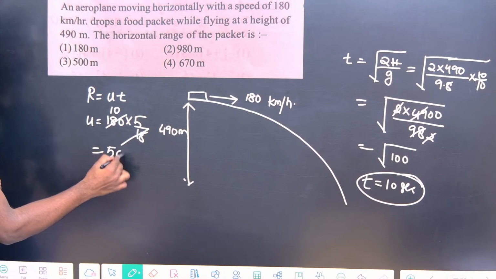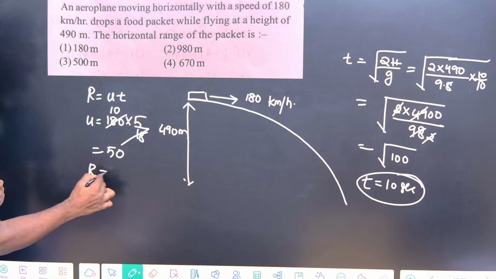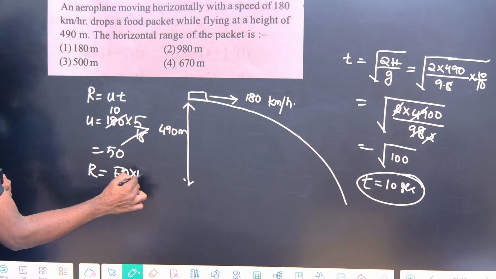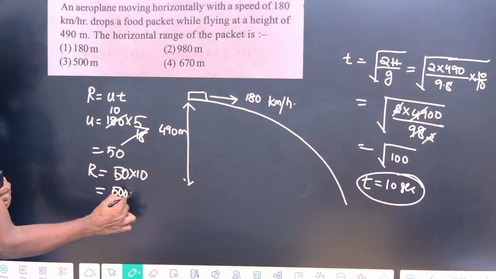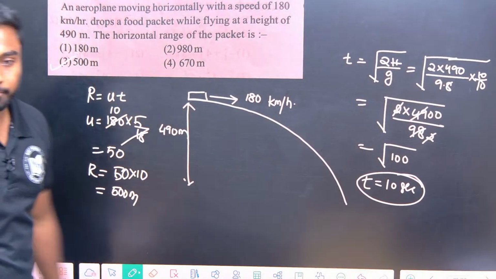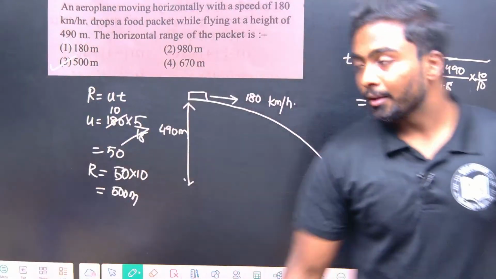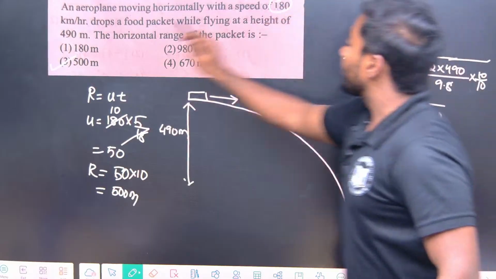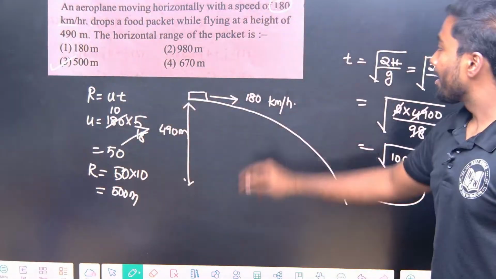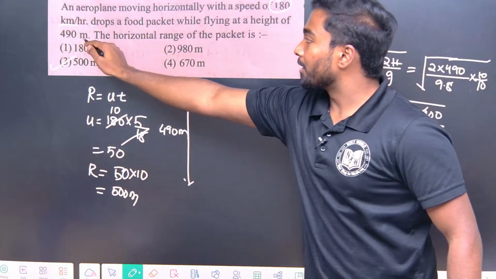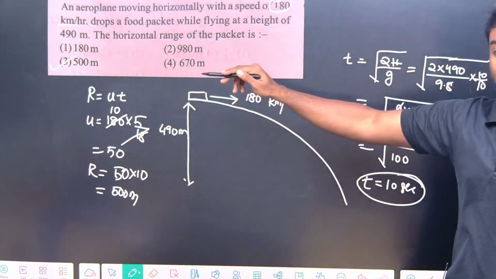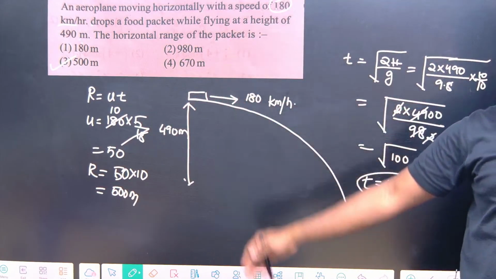So it is 50. So R is equal to 50 into 10, which is nothing but 500 meter. Option C. Got it? They have given 180 kilometer per hour, and this is 490 meters, and the answer is also in meters. So convert everything into meters and seconds only.